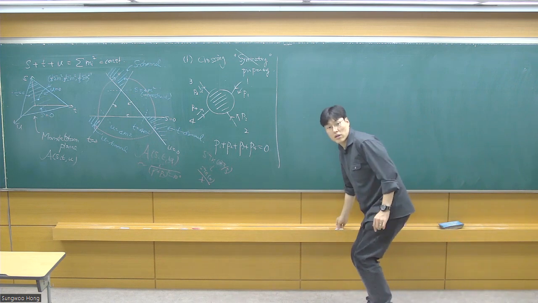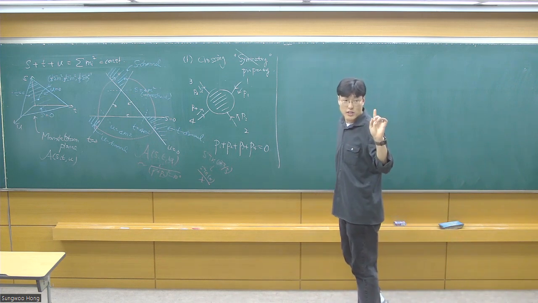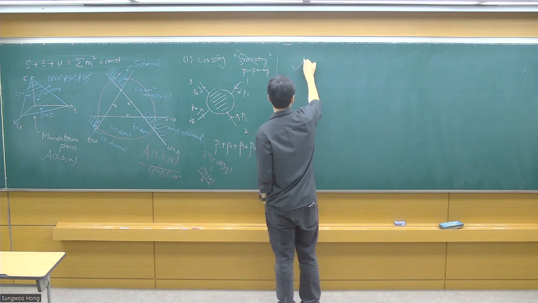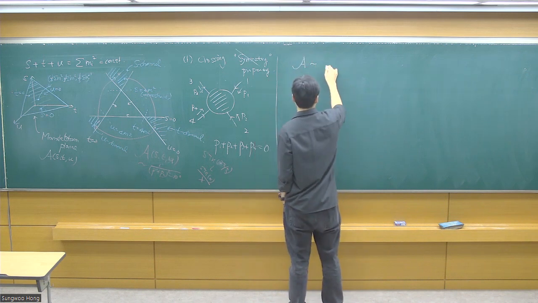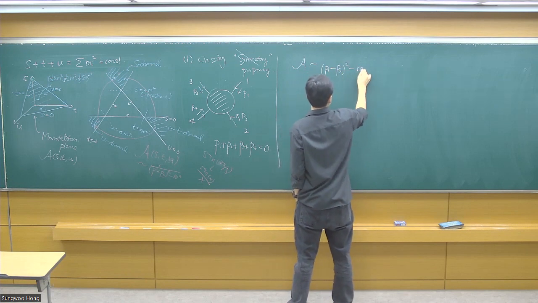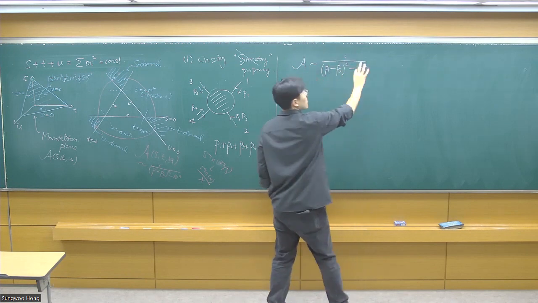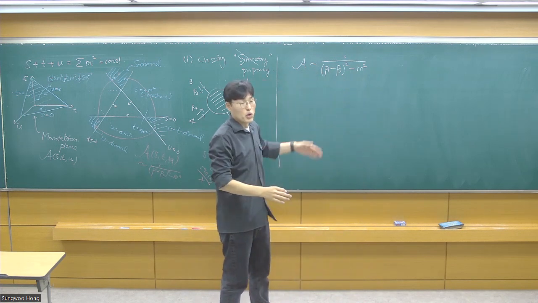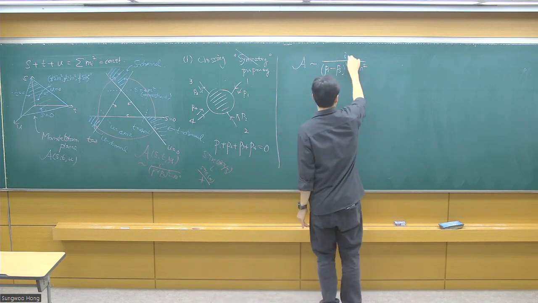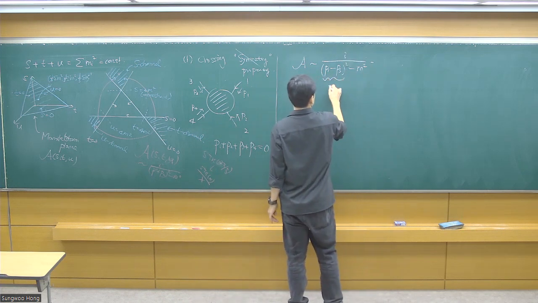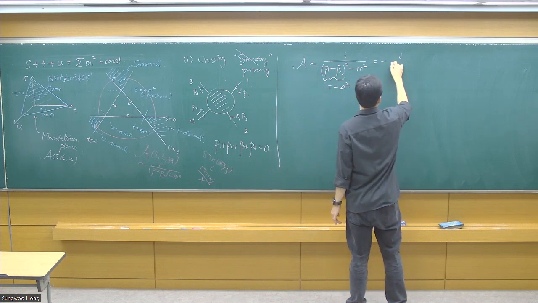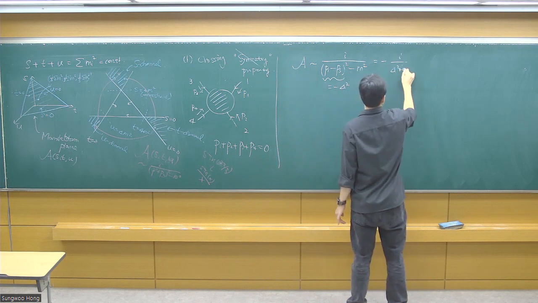So here is a quick reminder and illustration point. Okay. So we look at some amplitude. Let me just write something that looks like P minus P3 squared minus M squared I. I mean, if you don't remember where that comes from, that's fine. But you have seen something that looks like this, at least. Okay. And remember, this is minus delta squared. So that is like minus I over delta squared plus M squared.